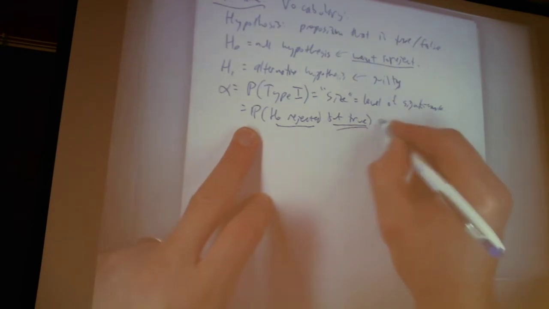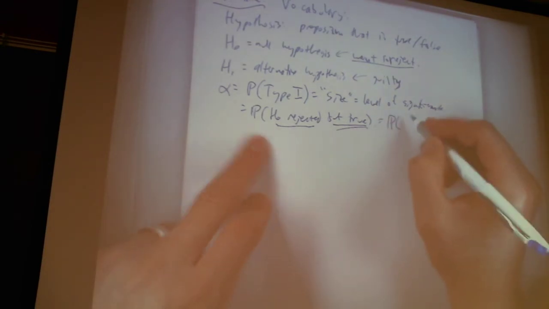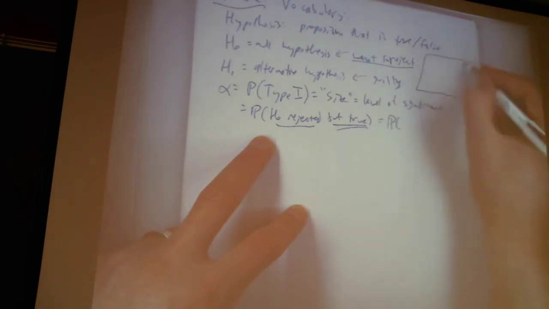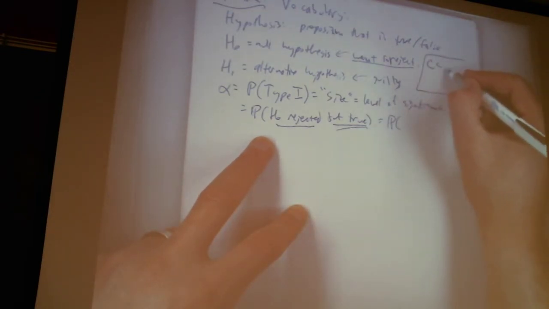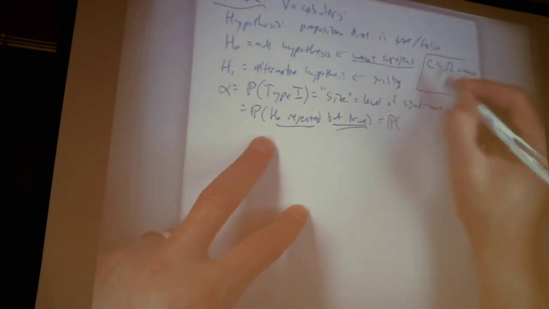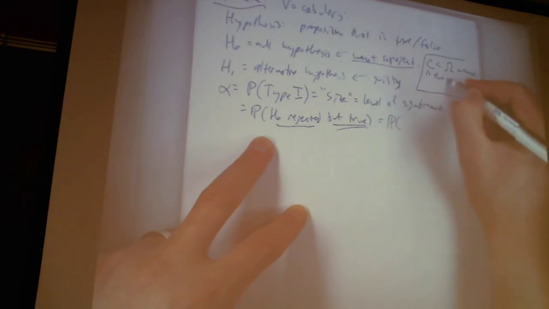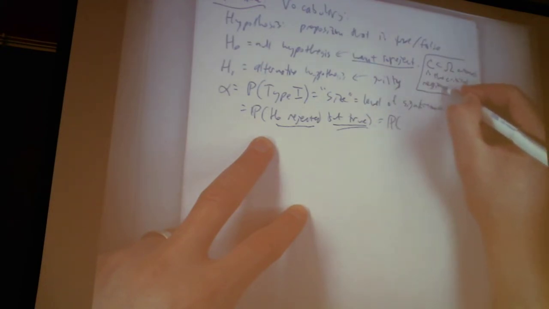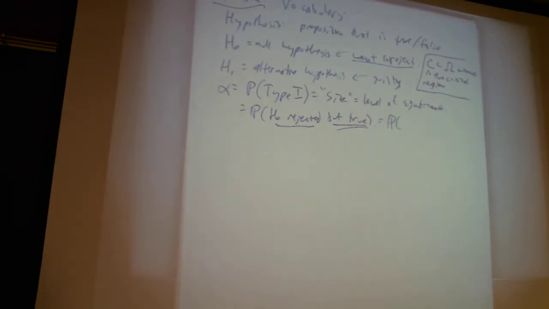Okay, so some people write, it's the probability that, oh yeah, I didn't say what a critical region is, so let's remember what a critical region is. So C is a subset of all the possible outcomes, so this is all outcomes of our n experiments, is the critical region. What's the critical region? What's the definition of the critical region?